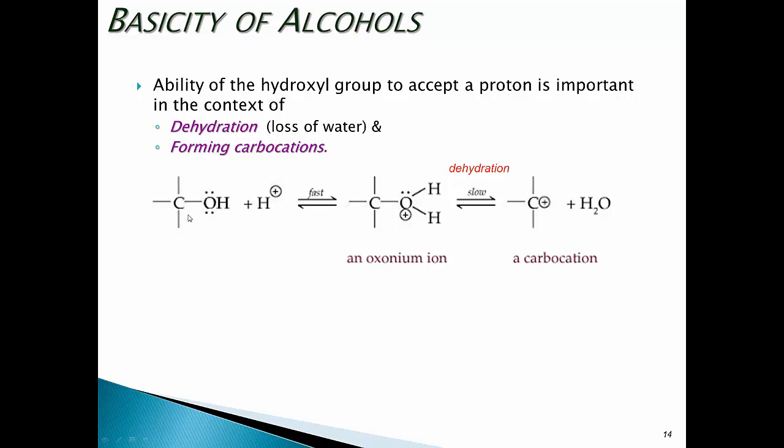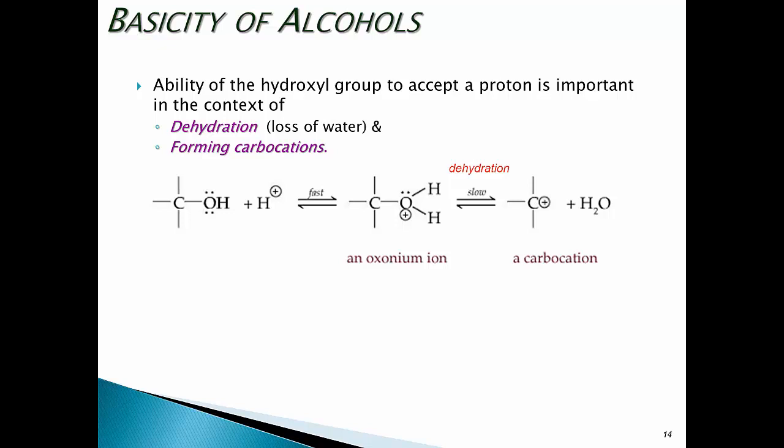So looking here, we have a carbon with a hydroxyl group coming off it, and we have an acid. This is going to act as a base, and the lone pair is going to attack the hydrogen's positive charge, and then we're going to get an oxonium ion. An oxonium ion is a water with a positive charge that's attached to a carbon.